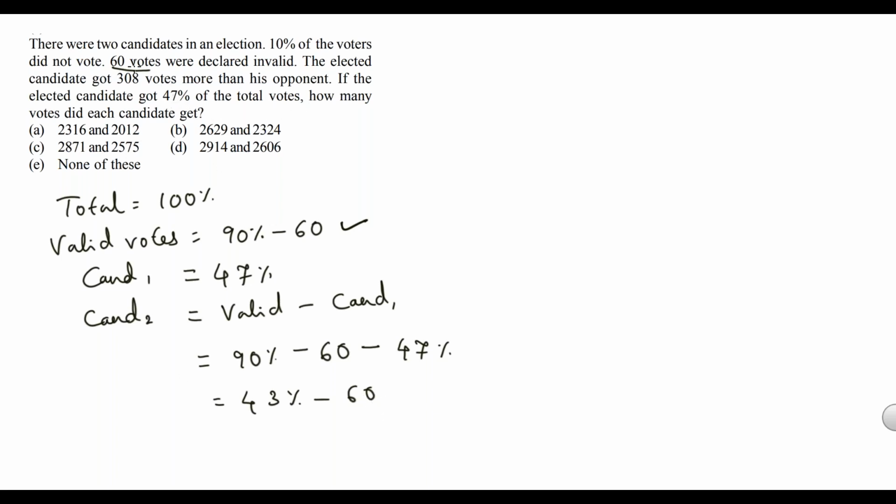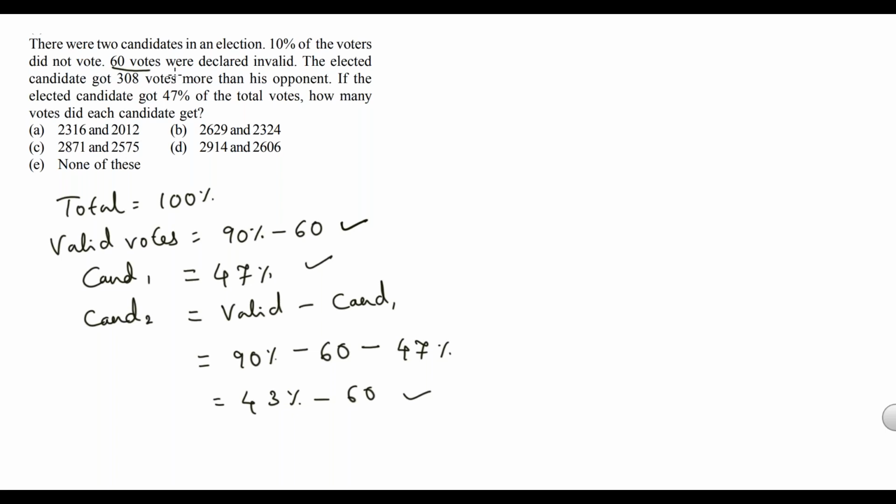The elected candidate has got 308 votes more than his opponent. So here candidate 1 has got more votes or candidate 2 has got more votes? If you compare these two, candidate 1 got more votes or 2? Candidate 1 has got more votes because he has 47%. But candidate 2 has 43% minus 60, means it is less than 43.